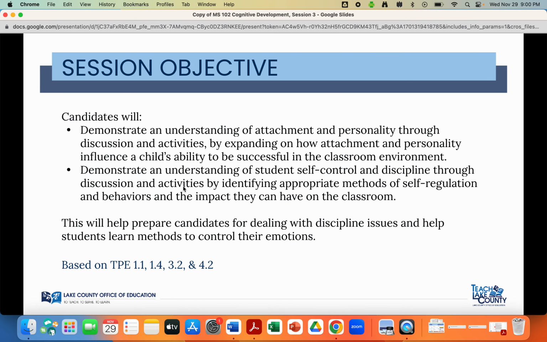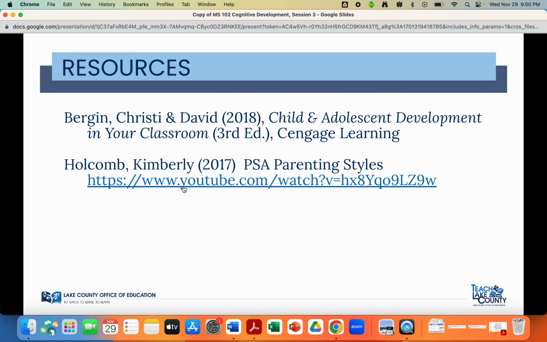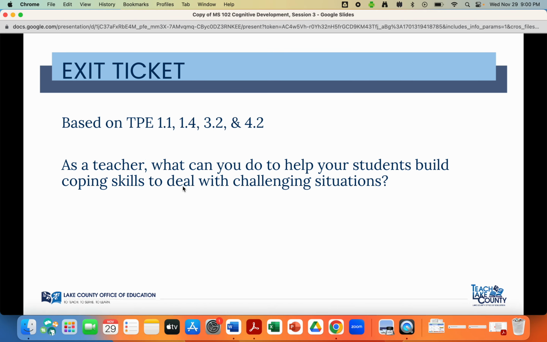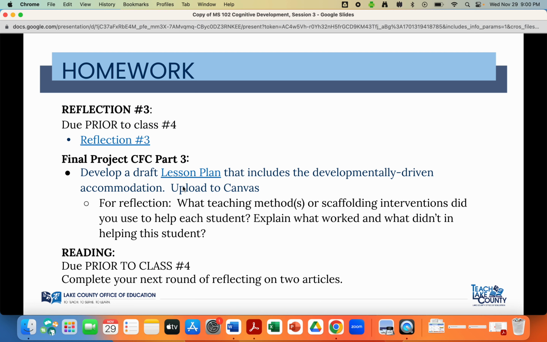So it's going to be about an hour and 15, hour 30, which means that you're going to have a lot of time to do the end of the reflection. And it's also going to give you a lot of time to do maybe some of the final project as well. And if you're wanting to pick my brain or anything like that, we can do that as well. Anywho, that's the end of that particular video, and that's all I'm going to say.